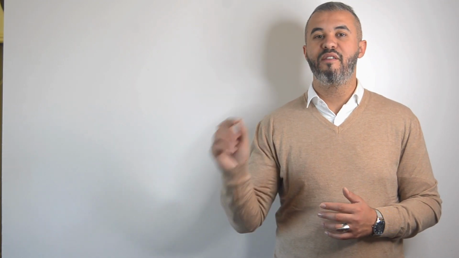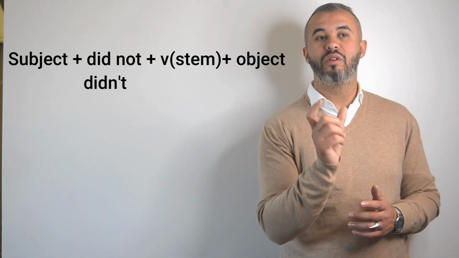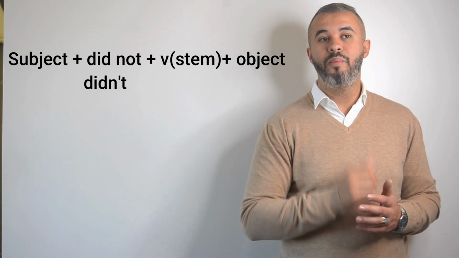I didn't go to see my father. So I is the subject, did not is the auxiliary to do, and go. The rule, you have to use the past form of auxiliary to do plus the stem, okay, the verb stem, the base form of the verb.